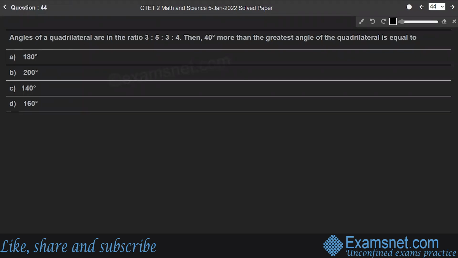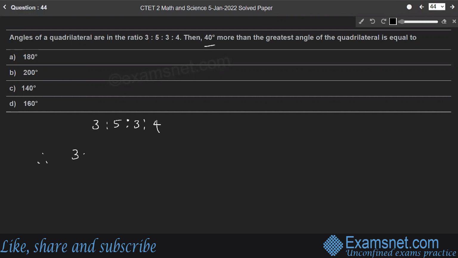Question number 44. Angles of a quadrilateral are in the ratio 3:5:3:4. Then 40° more than the greatest angle of the quadrilateral is equal to. So here, angles are in the ratio 3:5:3:4.